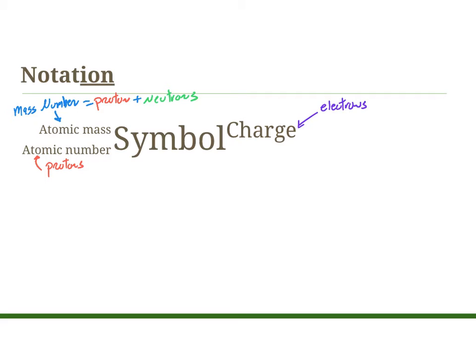So here's an example that we can work through. We have the element over here. We have this notation. Mass number will be 7, and the atomic number will be 3, and I'm going to tell you that it has a charge of +1. So, first thing we can identify from the periodic table, this element, Li, is lithium.